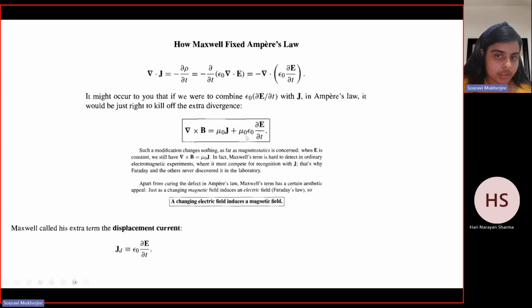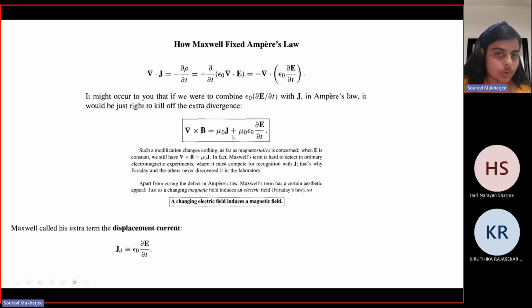Okay. And what this is now telling you is that suppose you consider a case where there is no J. So consider a case where there is no steady current, but you have a changing electric field. So that means this changing electric field can result in a magnetic field. So a changing electric field induces a magnetic field.